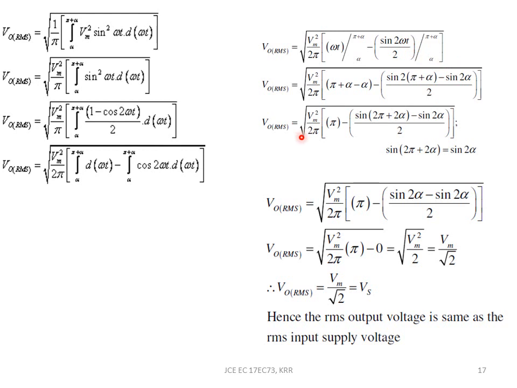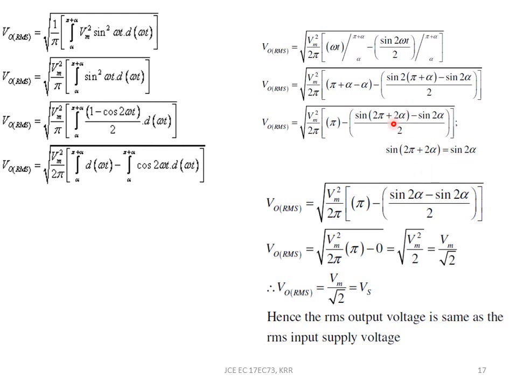Further simplifying V naught RMS, you will get Vm squared by 2 pi. The alpha alpha cancel, so I get pi here, minus sine of 2 pi plus 2 alpha minus 2 alpha by 2. Now we know sine of 2 pi plus 2 alpha, the formula is sine of 2 alpha only.